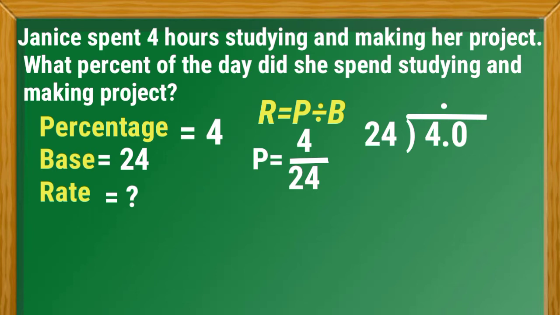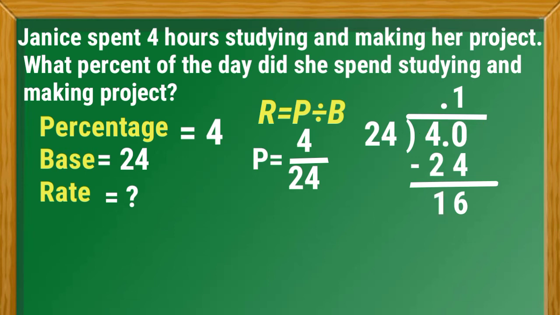So 40 divided by 24 is 1. 1 times 24 is 24. 40 minus 24. So 0 minus 4 cannot. We have to borrow 1 ten from the 4. So that will be 10. And 4 becomes 3. So 10 minus 4 is 6. And 3 minus 2 is 1.